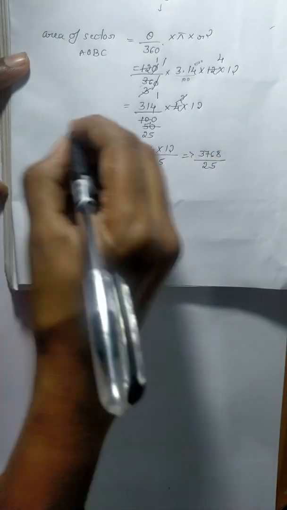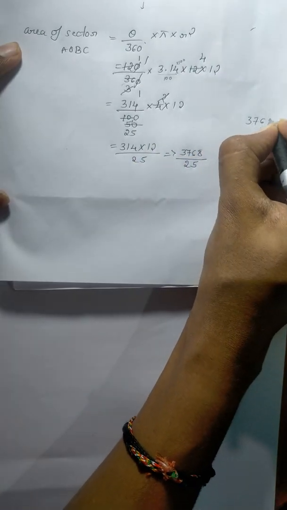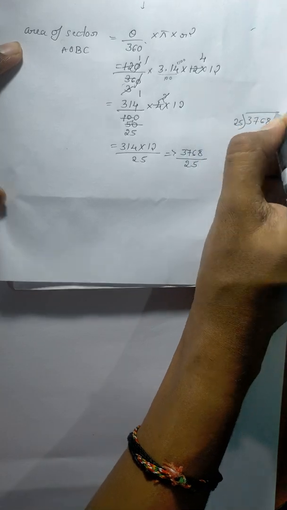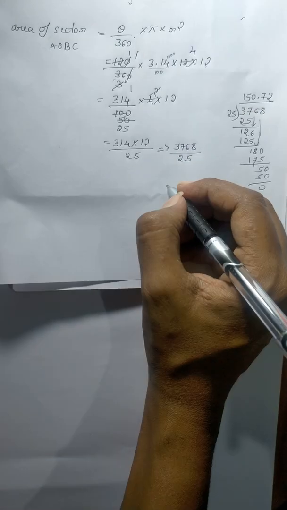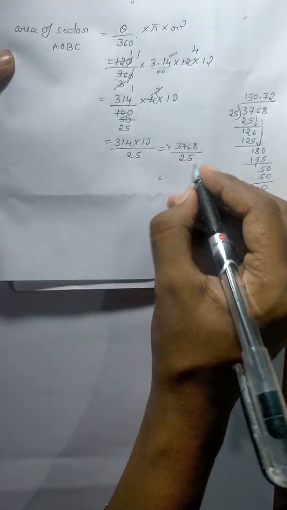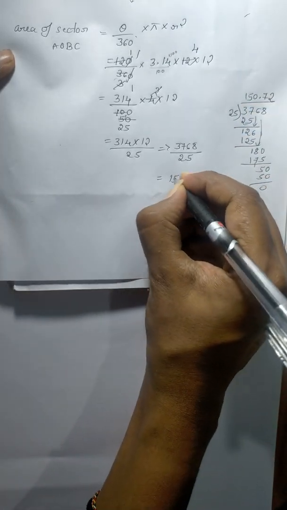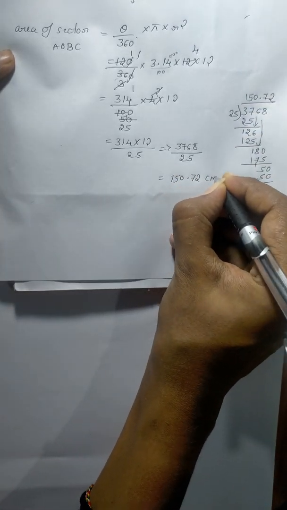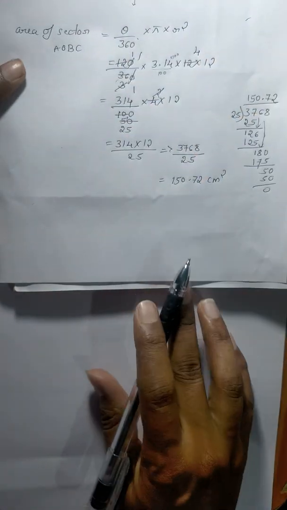So divide this one, 3768 divided by 25, get the answer. So by dividing, it's 150.72 centimeter square. So area of the sector we got, like that area of the triangle we have to find.